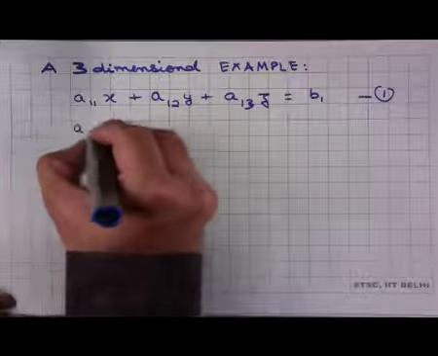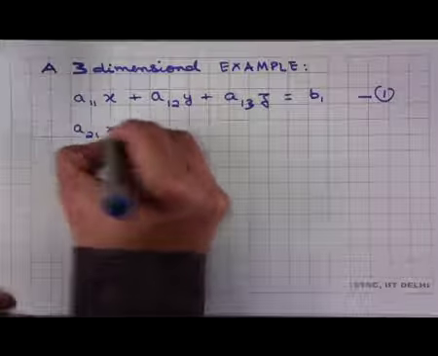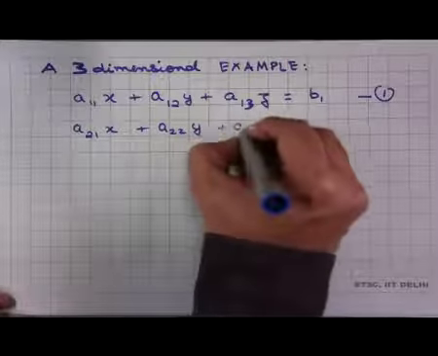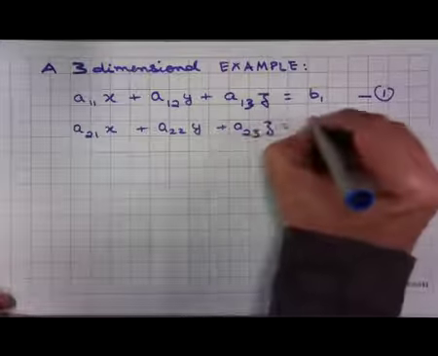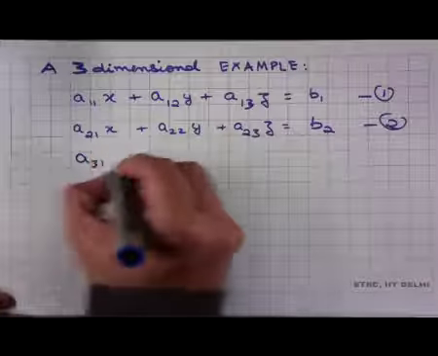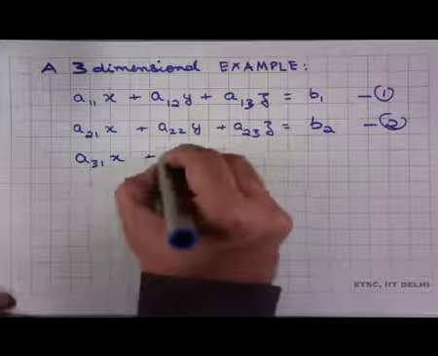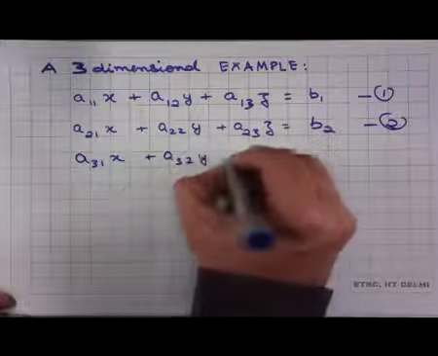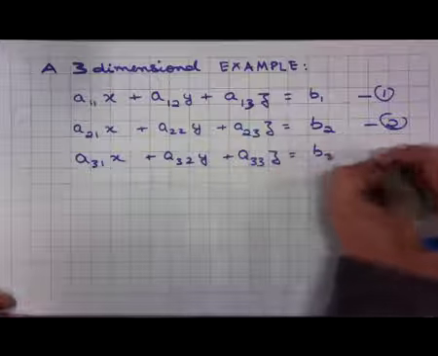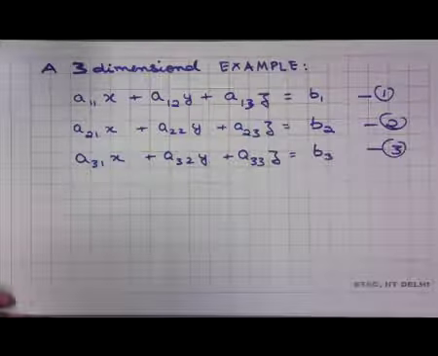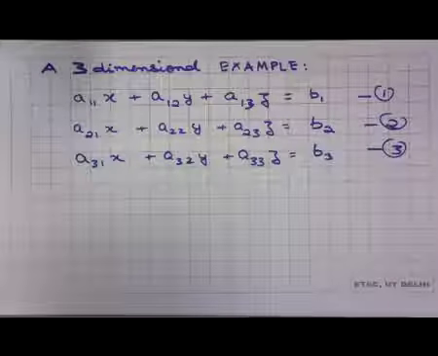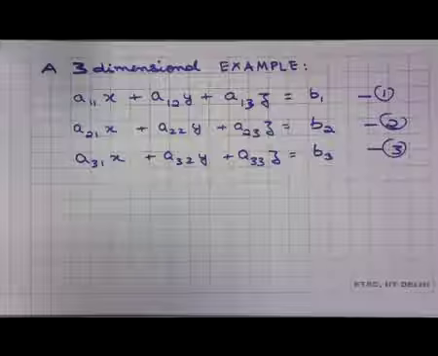The second equation may be a21x plus a22y plus a23z equal to b2, and the third equation is a31x plus a32y plus a33z equal to b3. So, this is an example of three equations with three unknowns x, y and z, each of which are scalars.